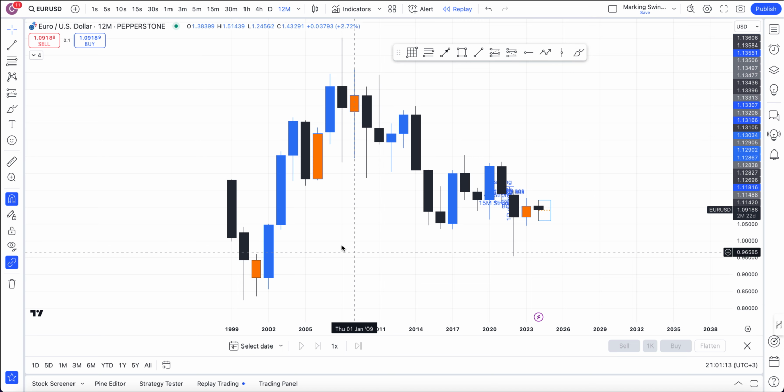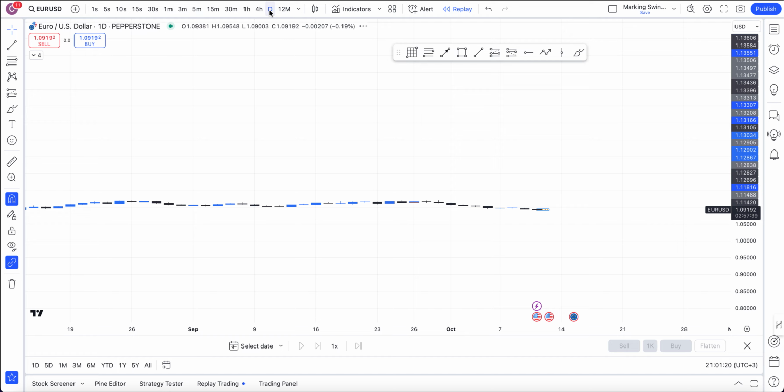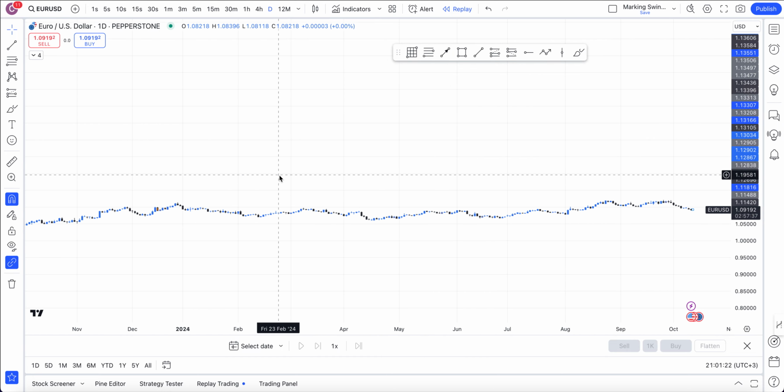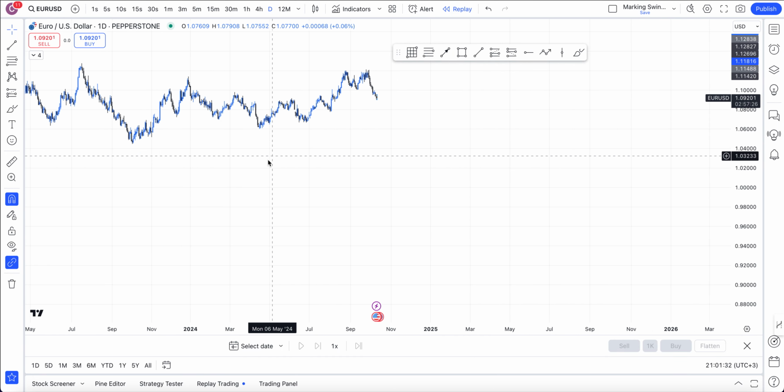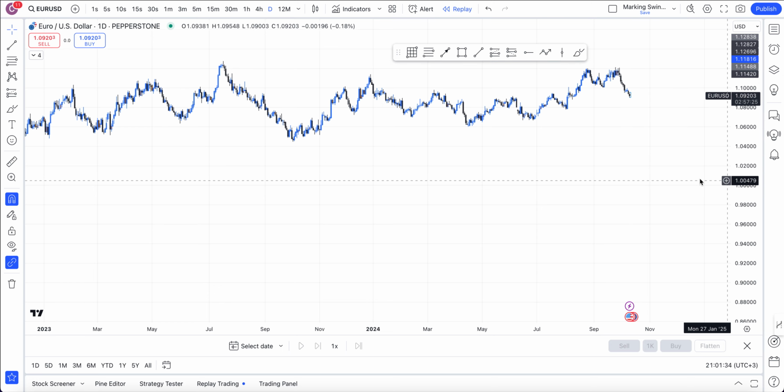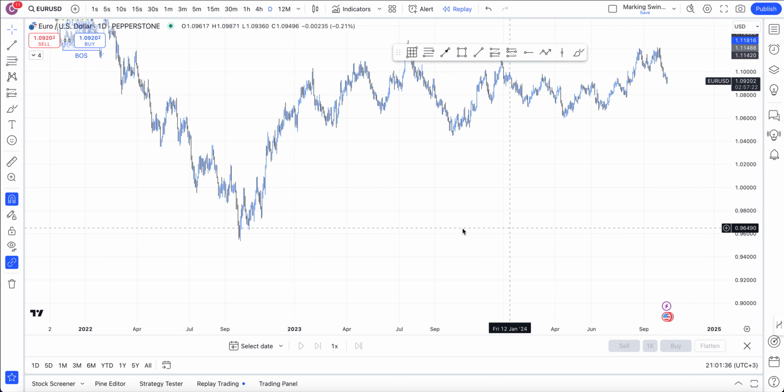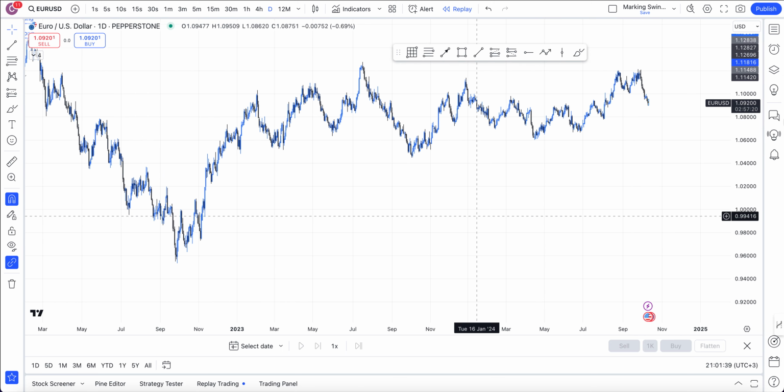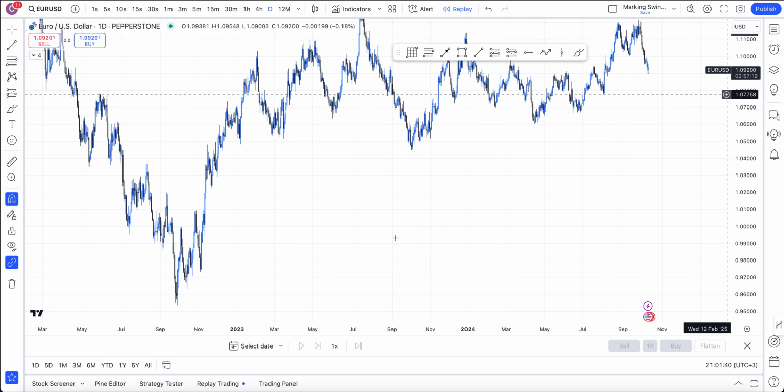Okay, as I was telling you, now when we go to daily, each and every single candlestick now represents a day. I want to show you how you can mark up your market structure so that if you want to start trading, you can do it.